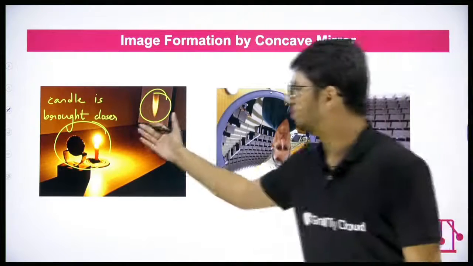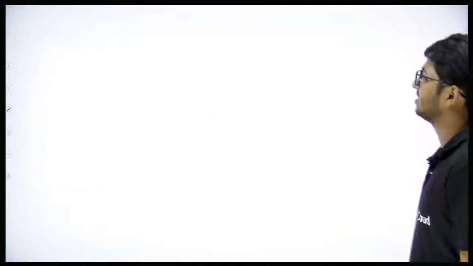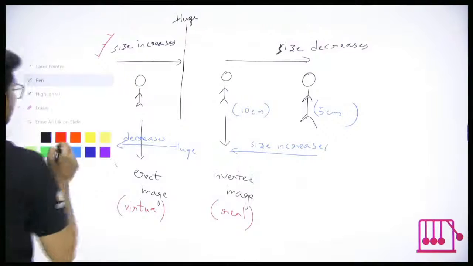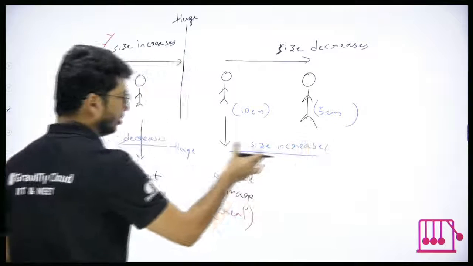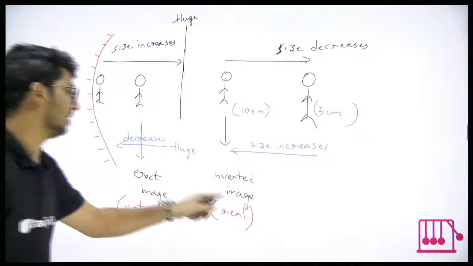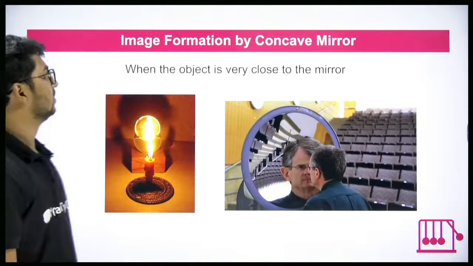So when the candle is moving closer to the mirror, the size of image increased. Did we discuss that? Look at this. Yes, we discussed it. So as the object is moved closer to the mirror, the size increases for a real image. That's what we discussed, right?